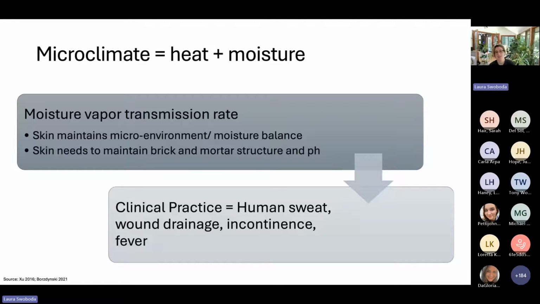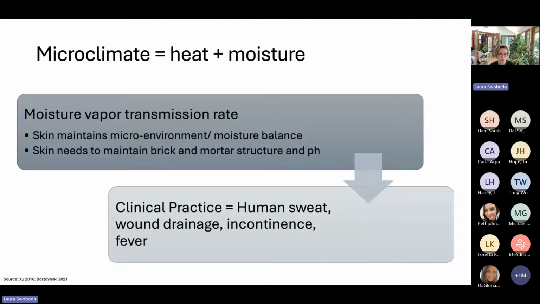The same thing happens in our skin. So we'll look at our skin and its ability to hold in moisture and to release moisture, get a moisture balance in healthy skin, and the various conditions that will impact the moisture vapor transmission rate of our skin.